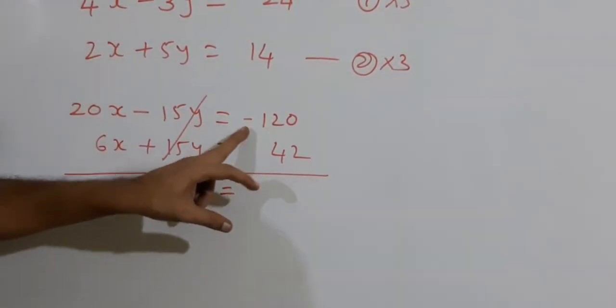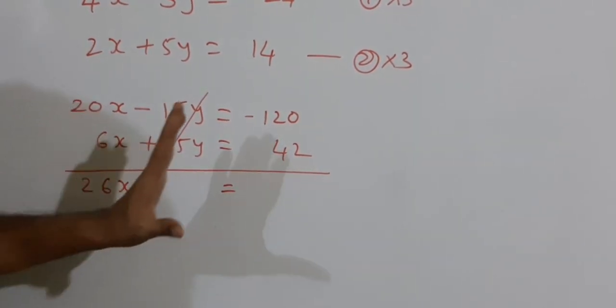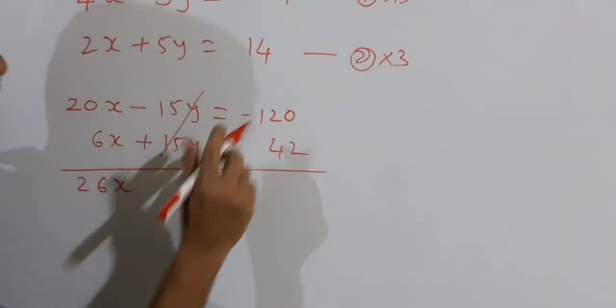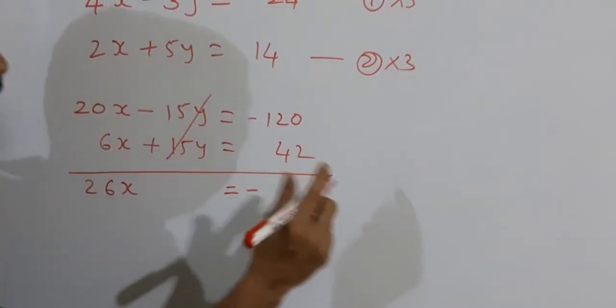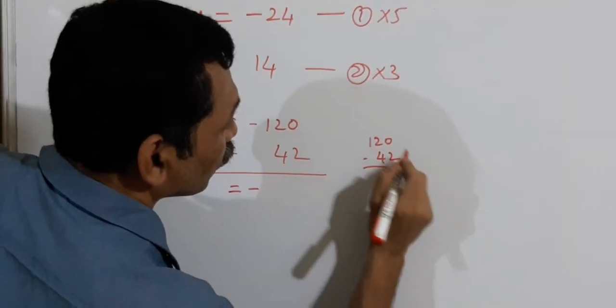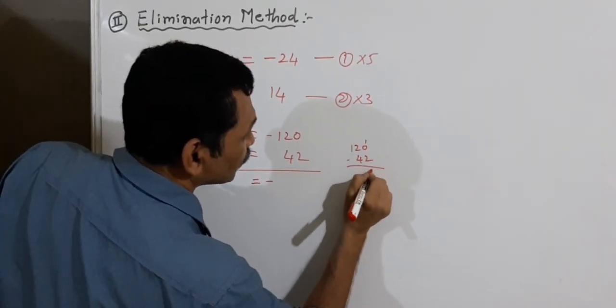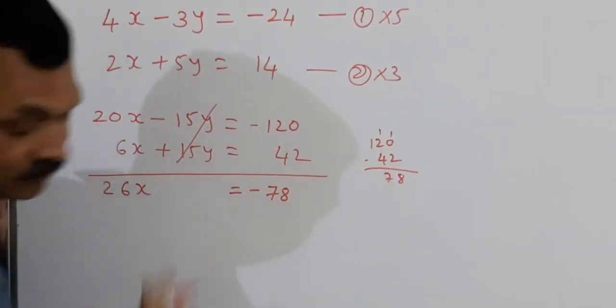When the signs are different, we subtract the smaller number from the bigger number and give the sign of the bigger number. The bigger number is minus 120, so the sign is minus. So 120 minus 42: 10 minus 2 is 8, 1, 7. So it is minus 78.